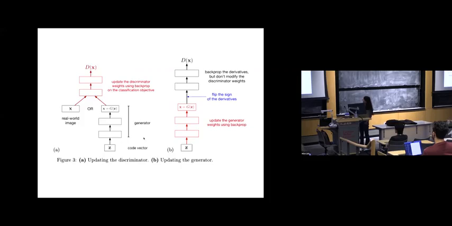Okay, and now here is how we're going to update the weights of the generator that sit on these 2 boxes, let's say. Schematically, we made 2 boxes to denote the layers of the generator, okay? Basically, we sample Z from the constant Gaussian distribution, 0 mean unit variance. For each of those, let's say 50 elements of the random vector, we pass it through our layers, we get an image, we feed it to the discriminator, we flip the sign of the derivative, okay?